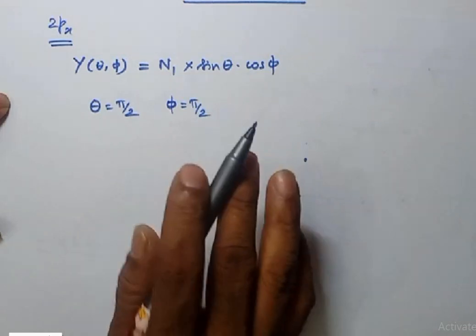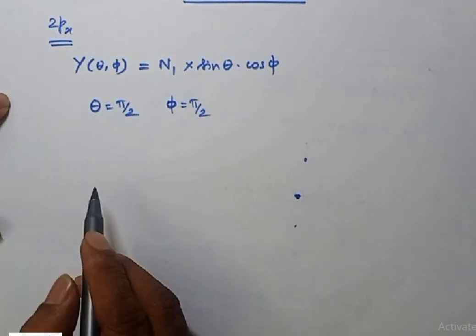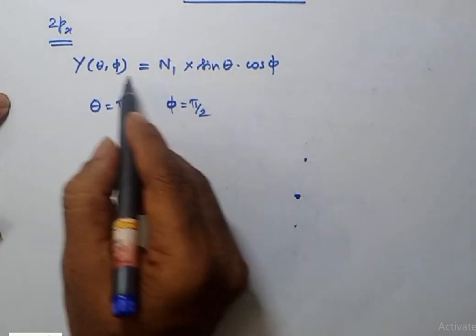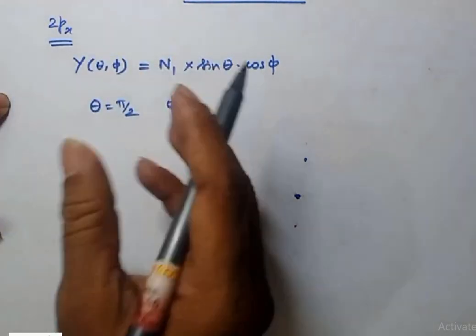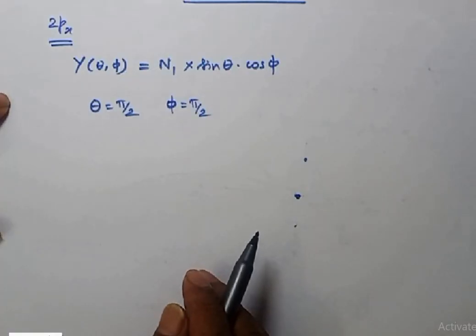I'm sorry, I made a mistake. Actually, the wave function should become 0, so at what values of theta and phi does it become 0?